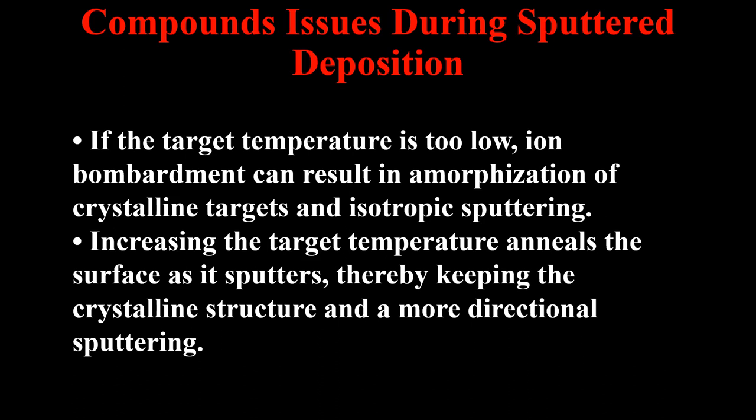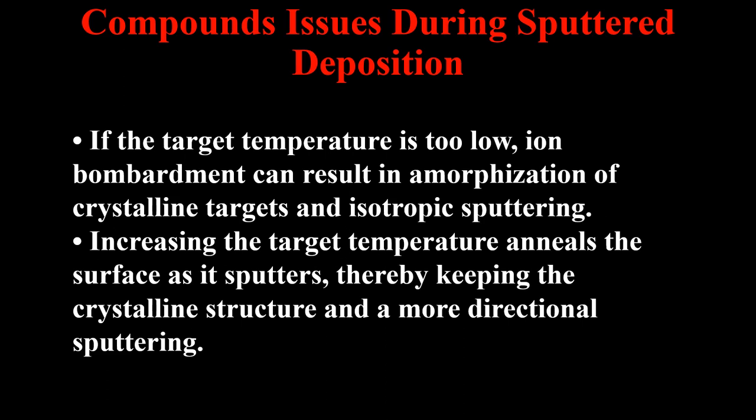In case we are increasing the target temperature, the surface will get annealed, okay. You know that in order to get a better film, we have to set a temperature range, and annealing is a process in which the structure is heated and turned into a certain type of crystal structure.